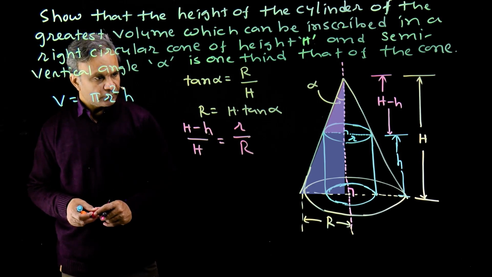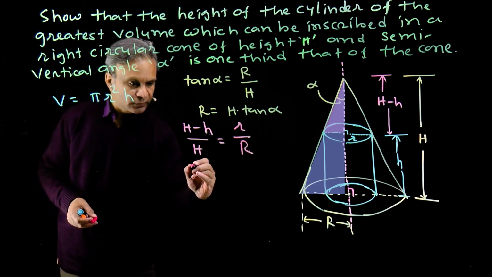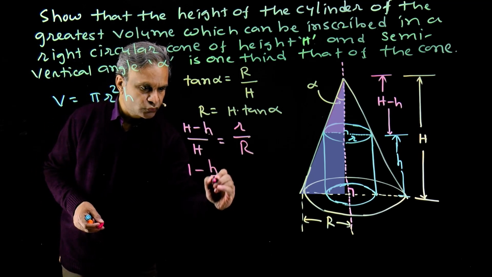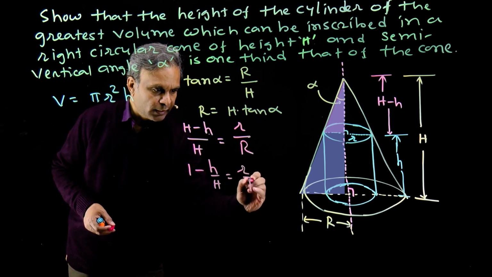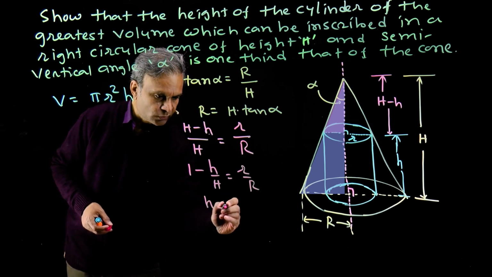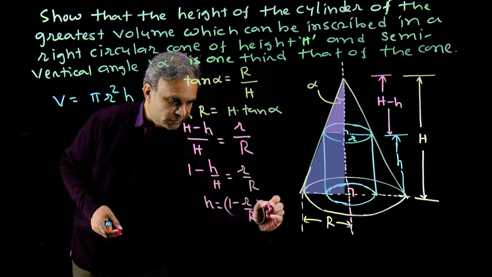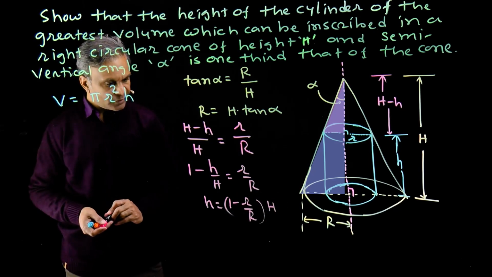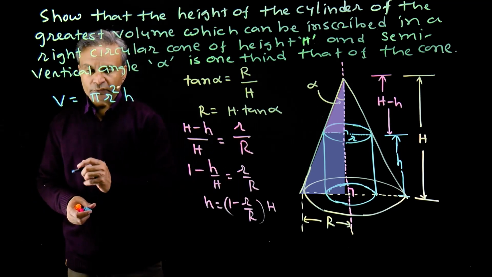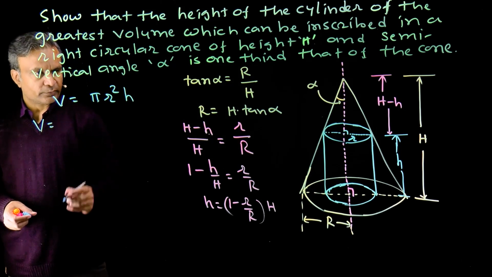What will we do? We eliminate the variable h. We have here 1 minus h over H is equal to r upon R. So small h will be 1 minus r over R multiplied by H. Now we put the value of h here. We get volume as a function of the variable r.